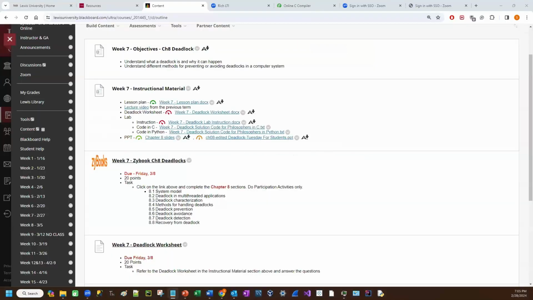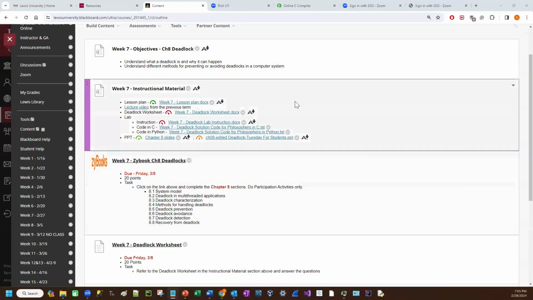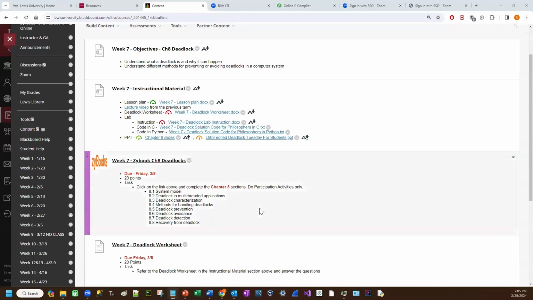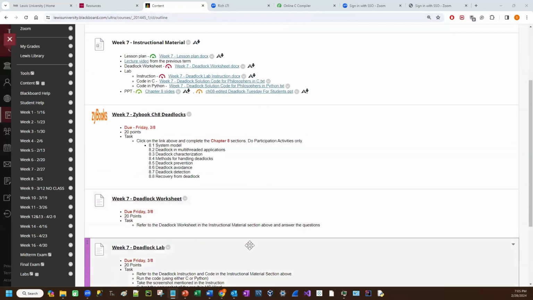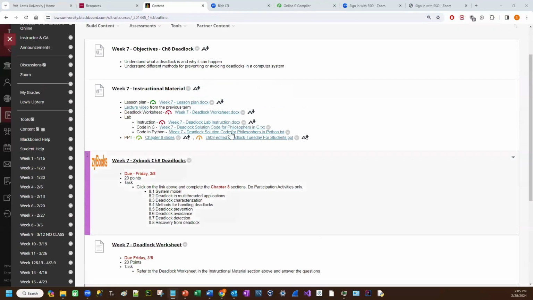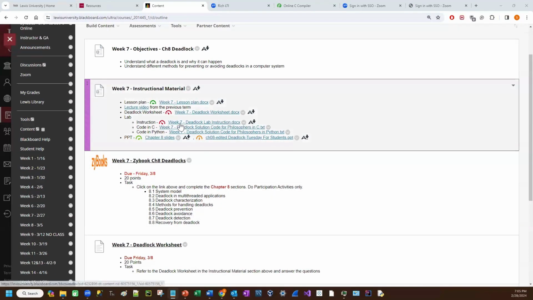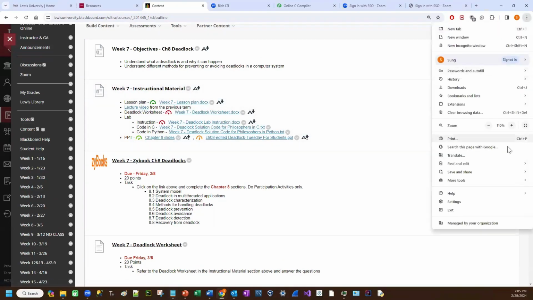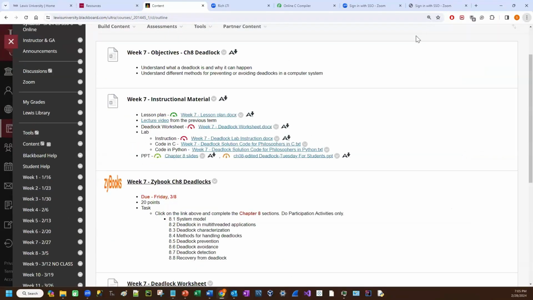Okay. All right, you guys can still see my screen here, okay? All right, sounds good. So let's do the lab. So here's the deadlock lab. And here's the instruction for how to do the lab. So if you click on this one, let me make it a little bit bigger.